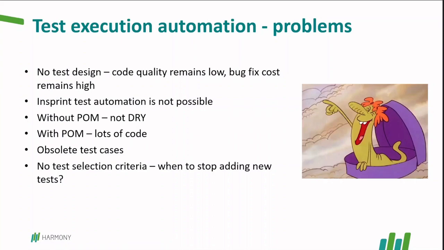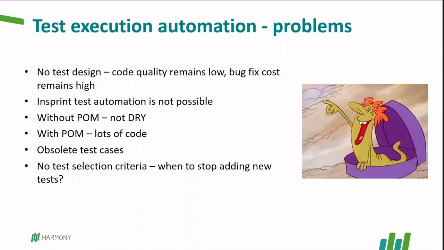The cost will be about 10 times higher than if we found it during the testing phase. The next problem is that in-sprint test automation is not possible because usually the application or the feature will be ready at the last but one day, and there is not enough time to implement all the necessary test automation code.